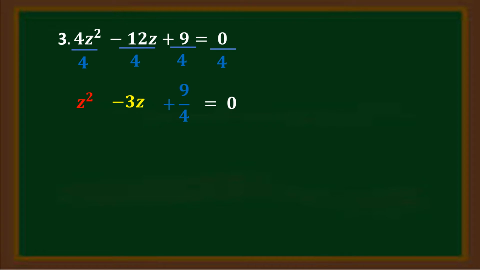Our next step is to isolate the constant. Our constant in here is 9 over 4. But notice in here that 9 is a perfect square number, and so is 4. So before doing the isolation process, we'll be checking whether there is a relationship between 9 over 4 and the square of b over 2.